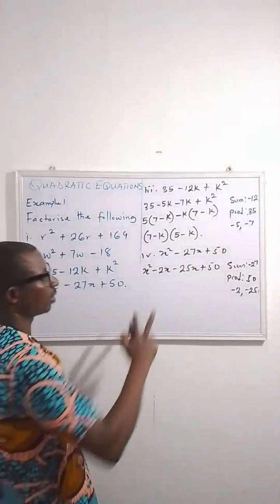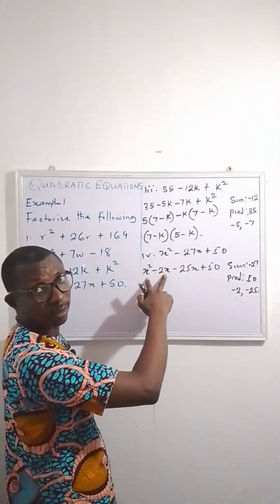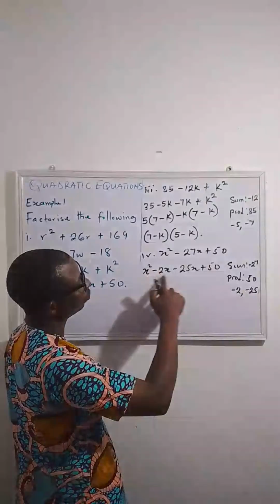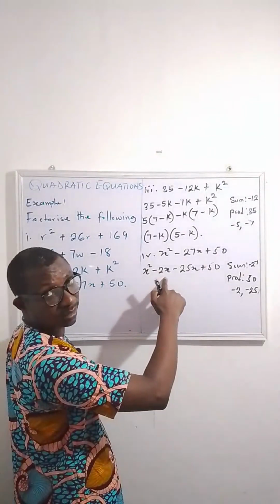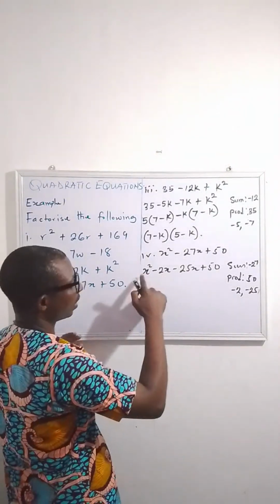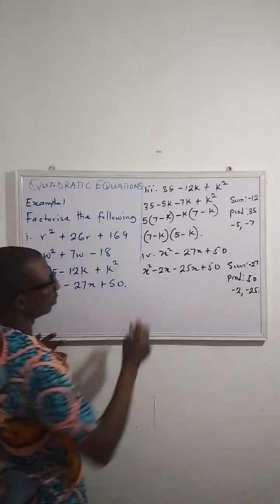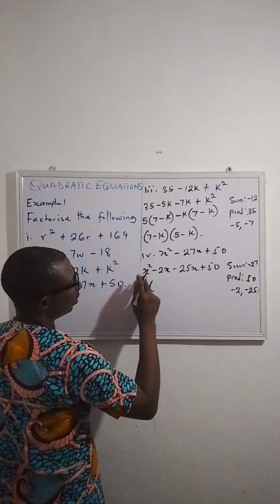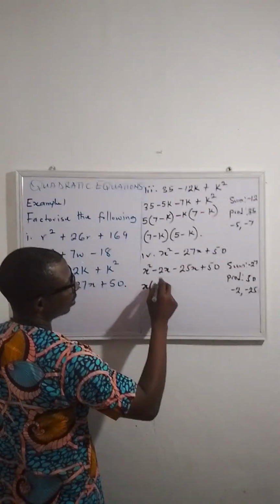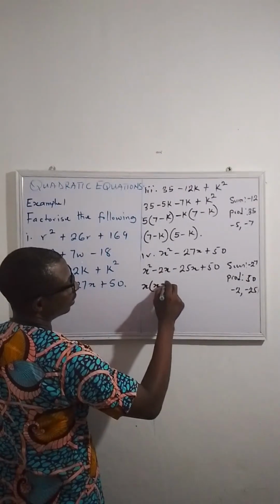Okay, so now let's look at the first two pair. What is the GCD of these two pair? The greatest common divisor. What can go here and can also go here? And that is x. So when you divide this by x, you have x. When you divide this by x, you have negative 2.